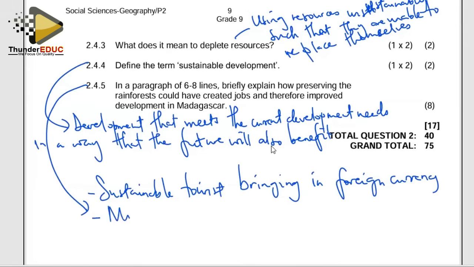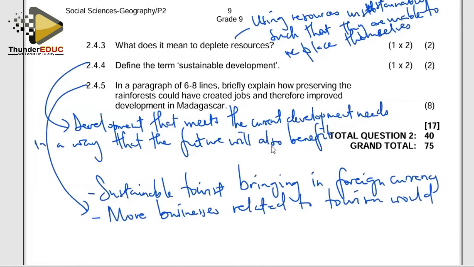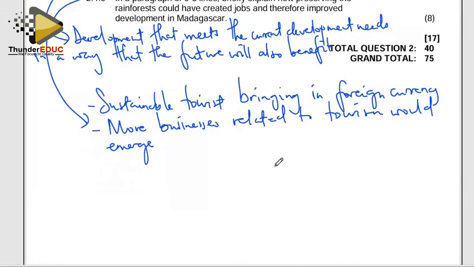And then the tourism, more businesses related to tourism. If there's tourism, there are other related activities that need to incorporate tourism. Tourists are coming. Where are they going to stay? What are they going to use as transport?